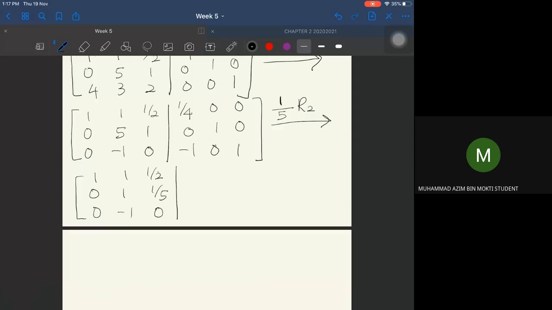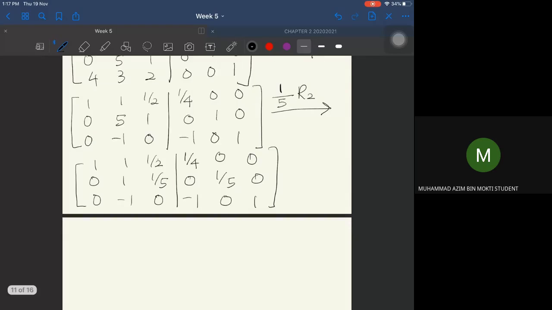So on your right hand side you akan dapat 1/4, 0, -1, 0, 1/5, 0, 0, 0, 1. Okay, the next step saya nak ubah terus lah. Saya nak buat yang ni dengan ni jadi kosong.